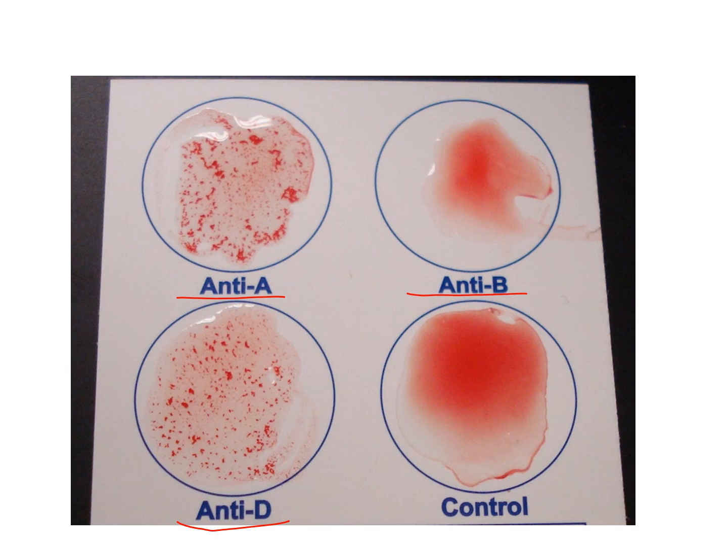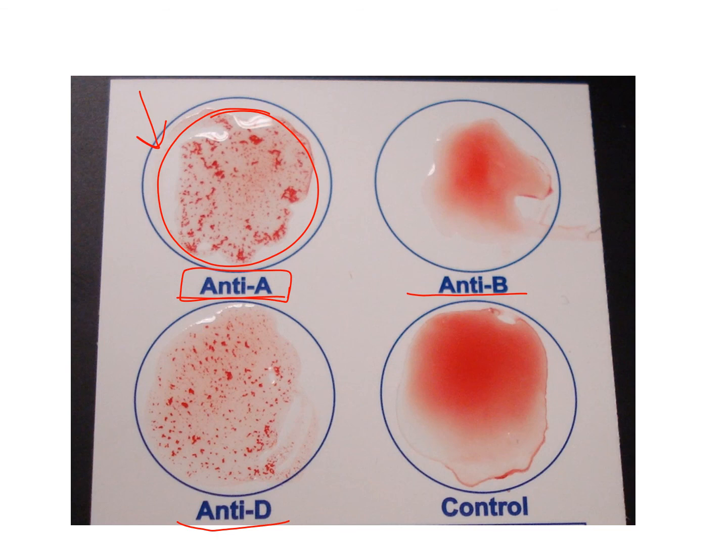So to perform a blood test, you would take a drop of blood, put it into a well or onto a paper, and you would add a drop of antibody that recognizes antigen A. If the red blood cells have the A antigen on them, they will agglutinate.